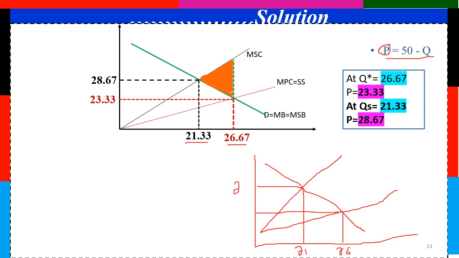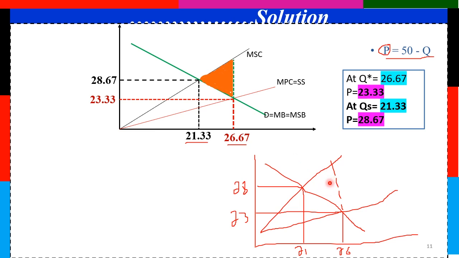It is easy to draw this one, 28. Price at market equilibrium means it is 23.33, 23 here. And then how you can get the deadweight loss means here, this area is the deadweight loss. Therefore, this is the deadweight loss.